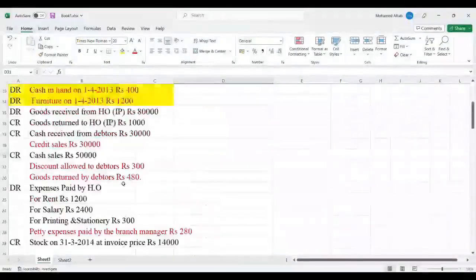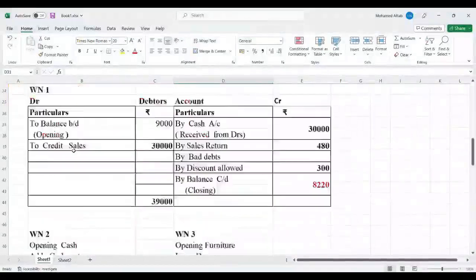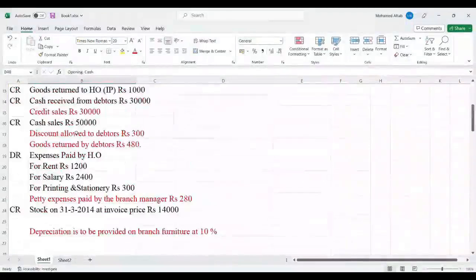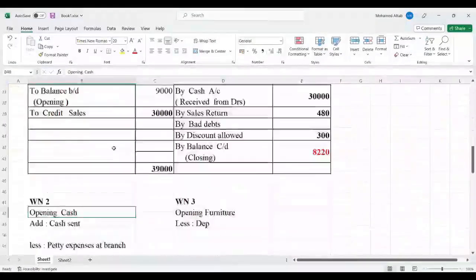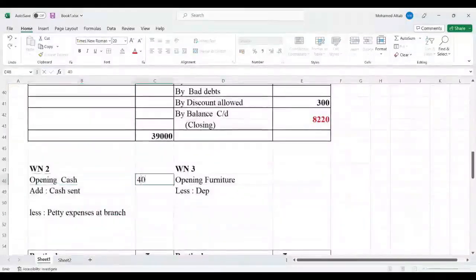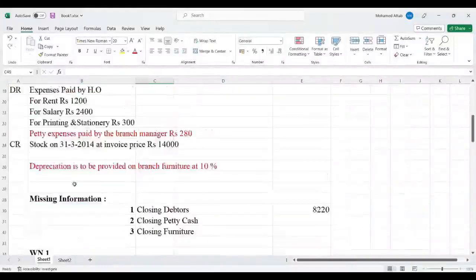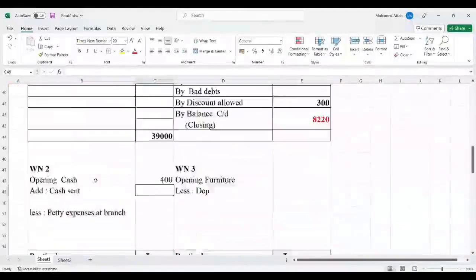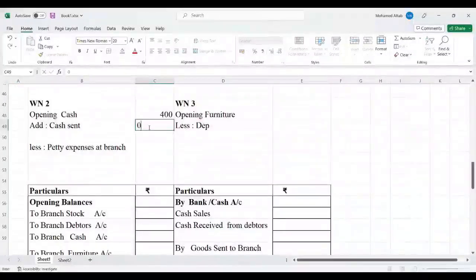Next, closing petty cash. Let us calculate. Let us apply these steps. Opening cash is given, that is 400, and cash sent for petty expense, you can see the entry now. It is there, means you can add that. No, nil, nothing is there. Total 400.